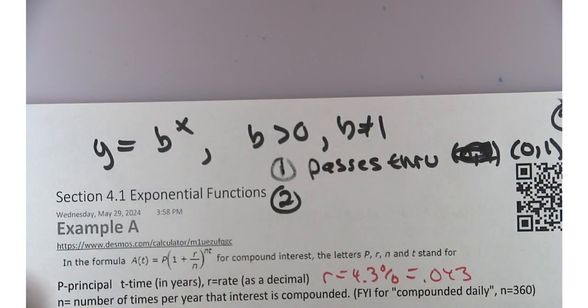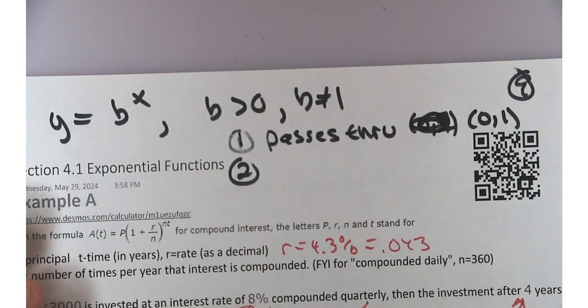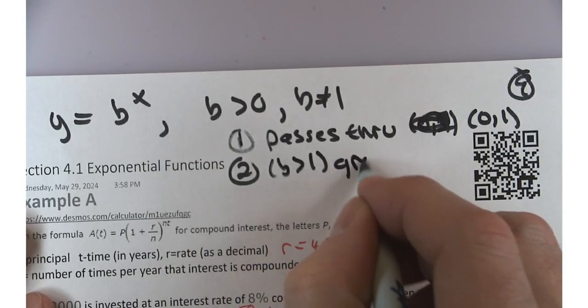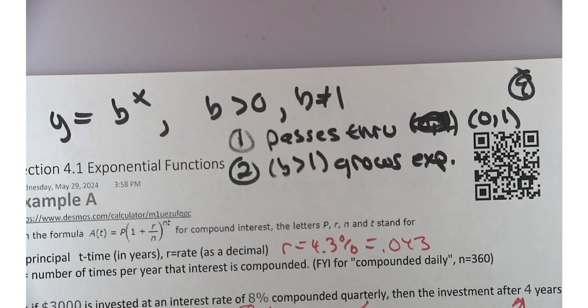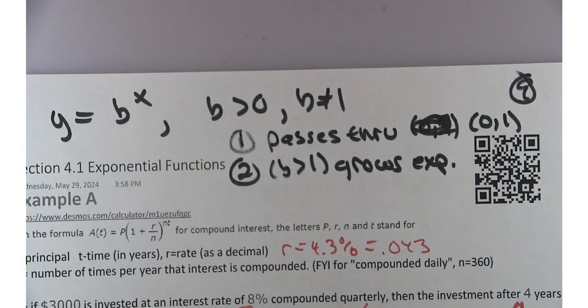Second, and this is for values of b that are greater than 1, it grows exponentially. It takes off. And that's what you could have seen or concluded on our handout here, is that you're getting exponential growth. The graph just skyrockets.